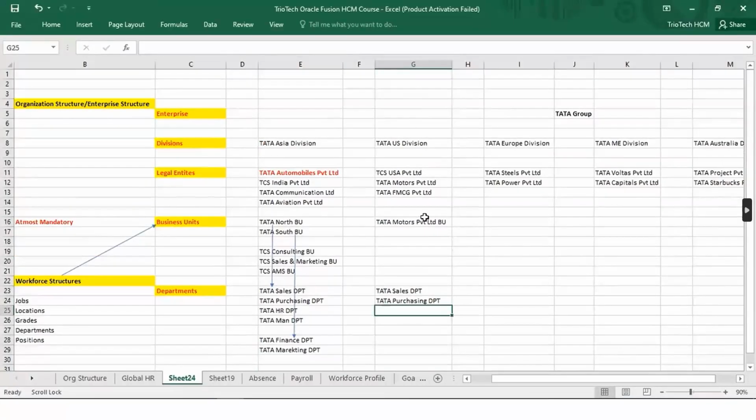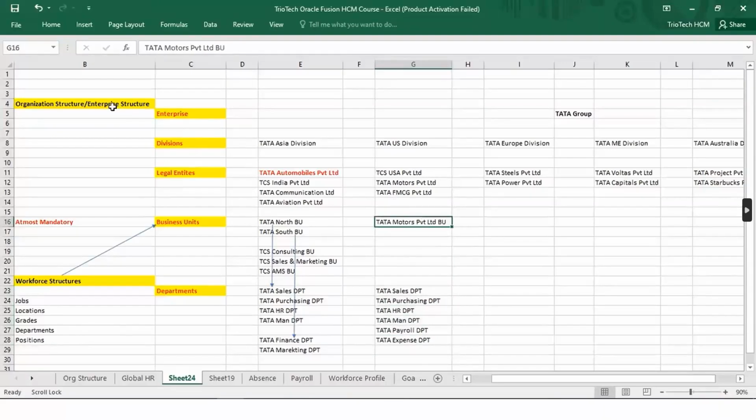Then Tata HR Department. Then Tata Manufacturing Department. Then Tata Payroll Department. Then Tata Expense Department, etc. Whatnot. Whatever your client has, all that under the BU we have to configure in the system team.